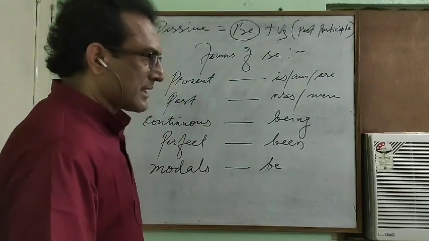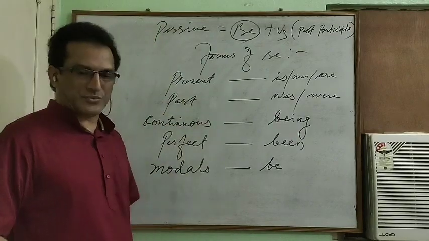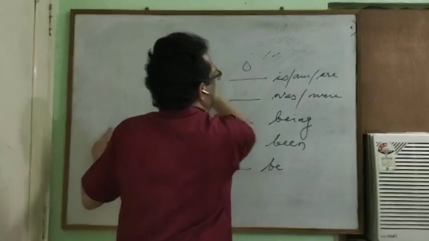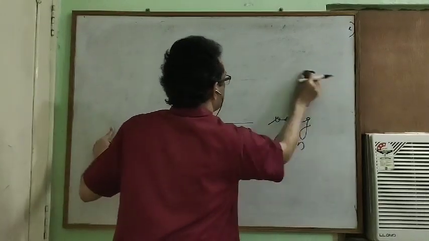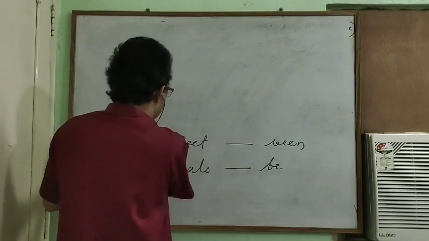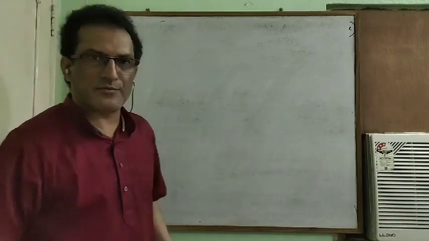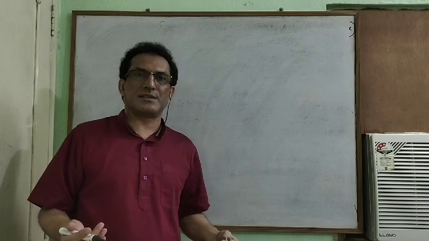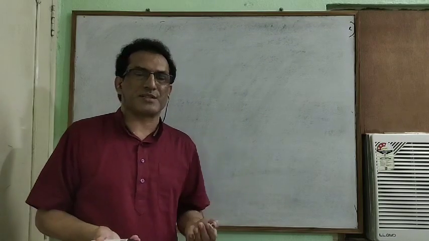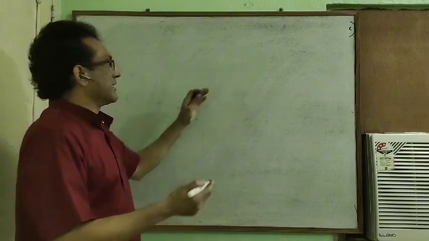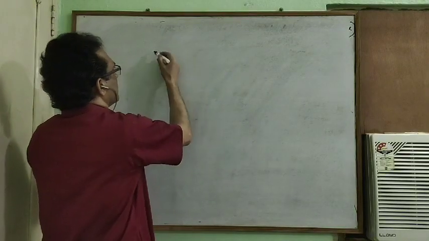Now let us observe how this is used. Now we know simple present. Simple present is actually the first tense that we discussed, and when we use simple present, the form of be is is, am, are. Let us see.